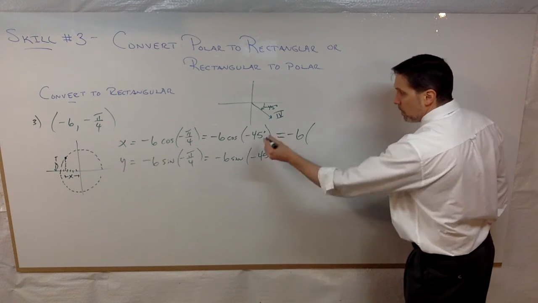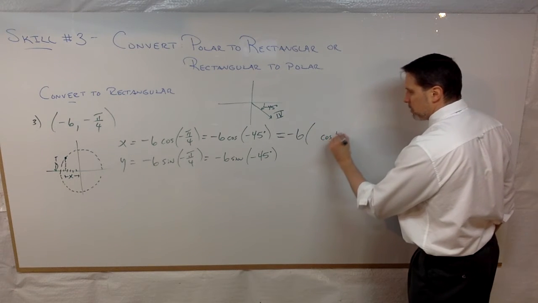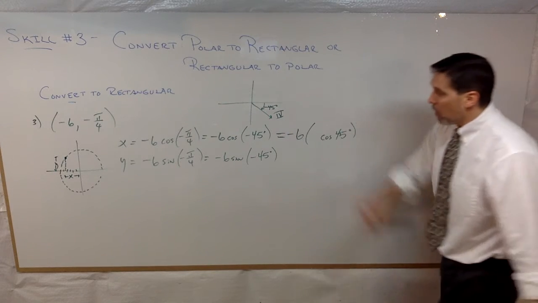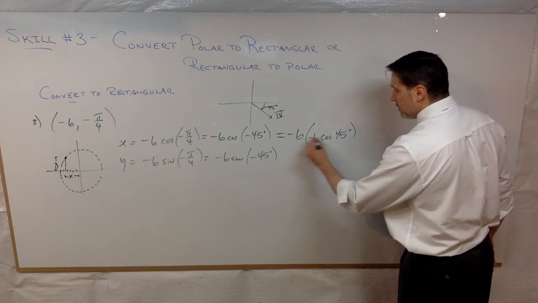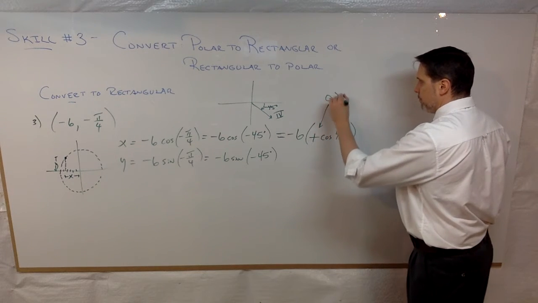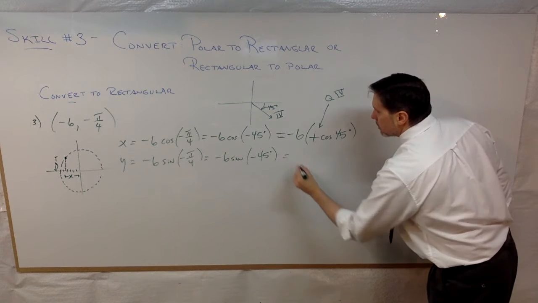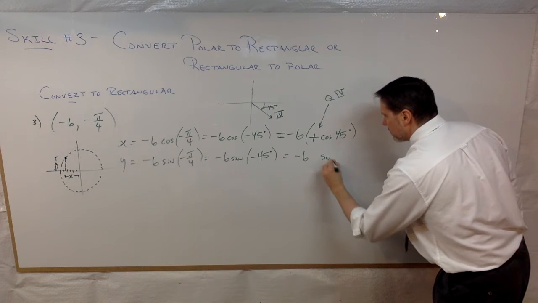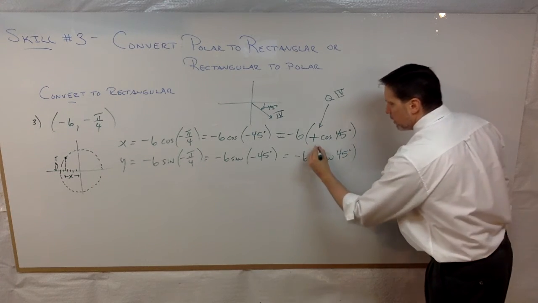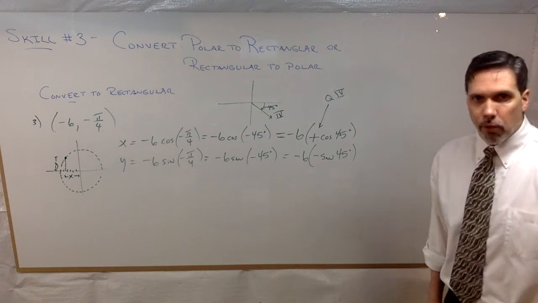Cosine of -45 should be the same as the cosine of 45, except you're in quadrant 4, and cosine is positive in Q4. Sine, however, is negative in quadrant 4, so this is the same as the negative sine of 45.